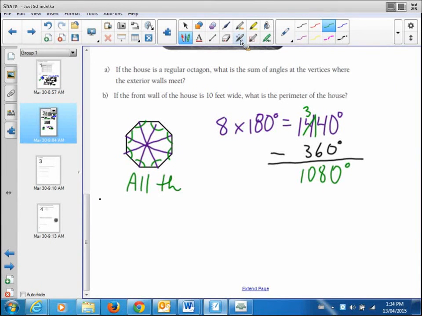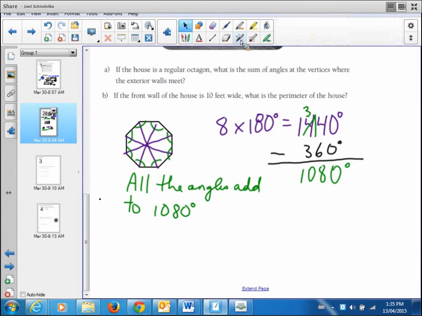It's not asked, but what would you need to do to find the individual angles? How would you find it? Divide by the 8 sides, or the 8 angles, right?